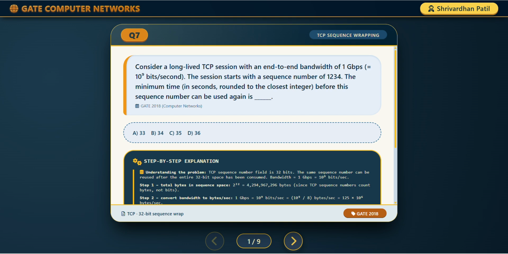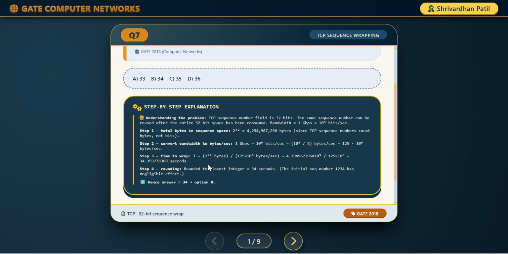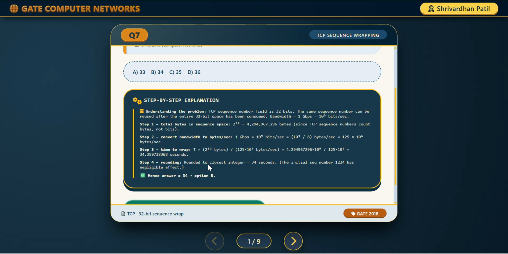TCP uses a 32-bit sequence number, so the total number of space is 2 raised to 32, which can be written in terms of bytes, as you can see in step one. Step two means it is about to send 4.29 billion bytes before repeating sequence numbers.